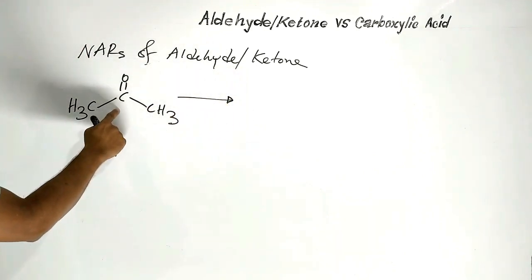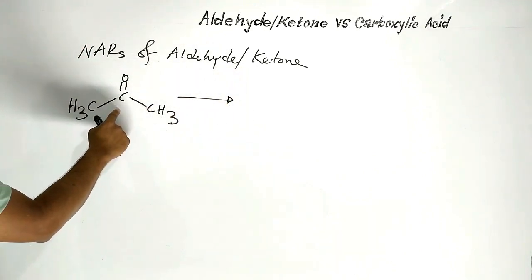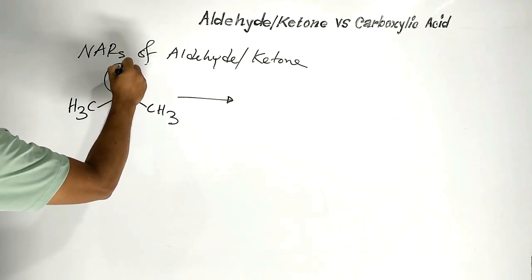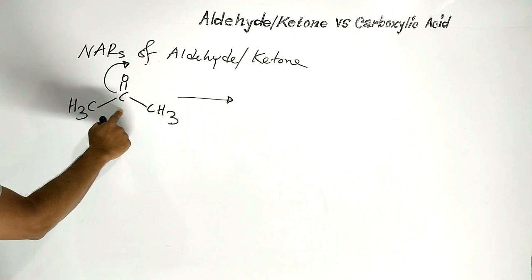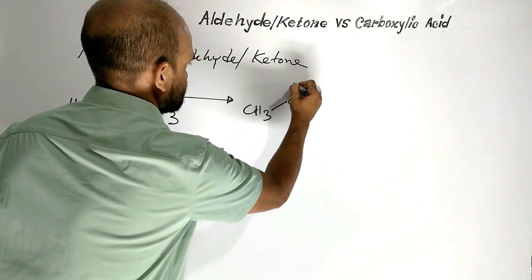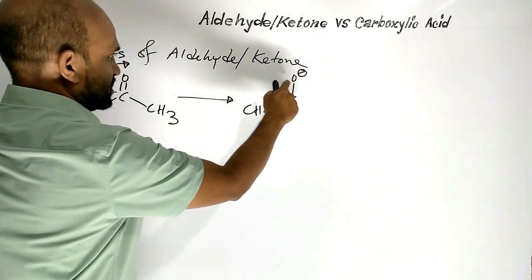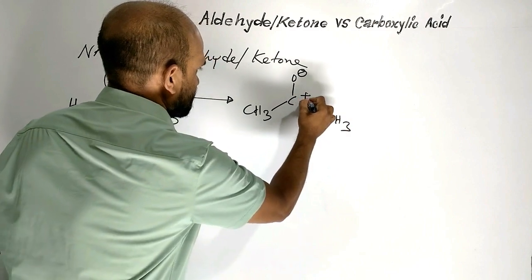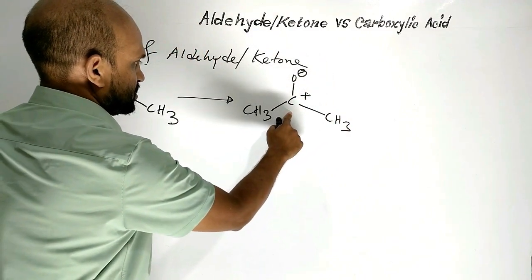In the first step, the carbonyl group of propanone undergoes polarization to form this entity. Oxygen becomes negative in charge, carbon becomes positive in charge.